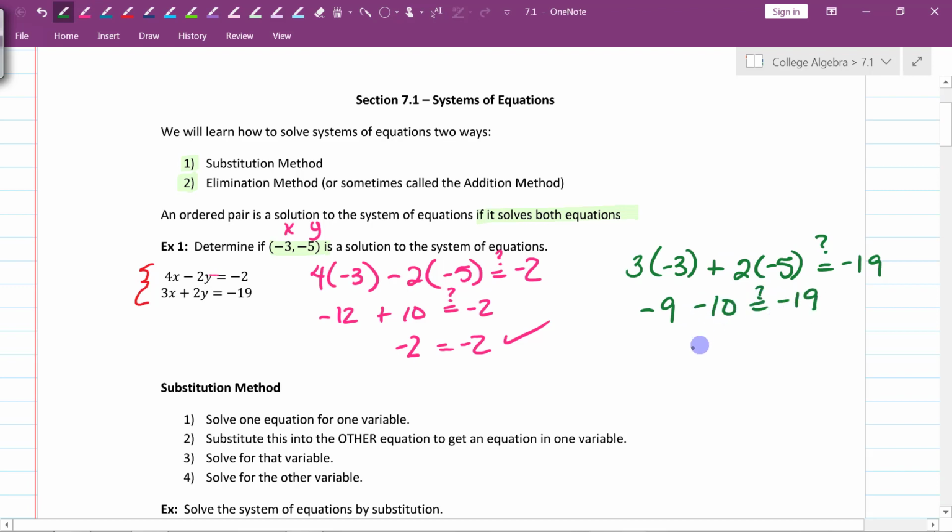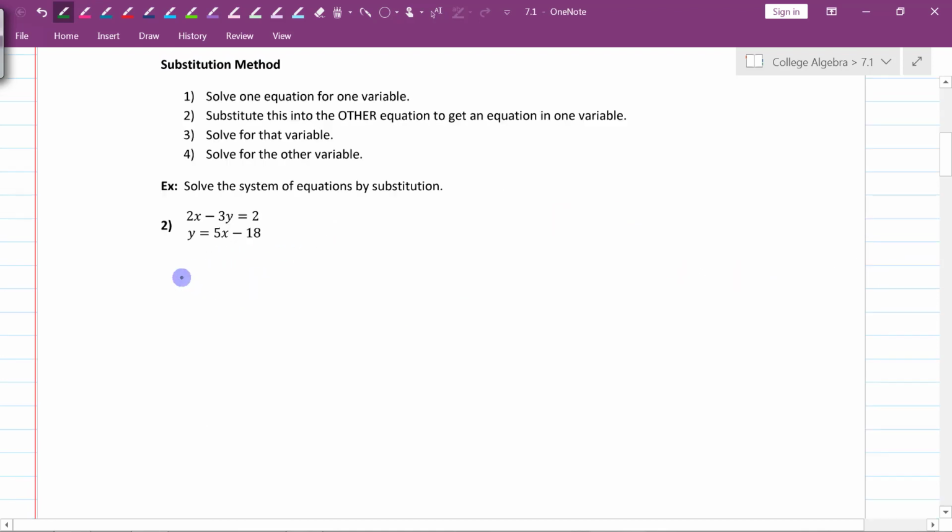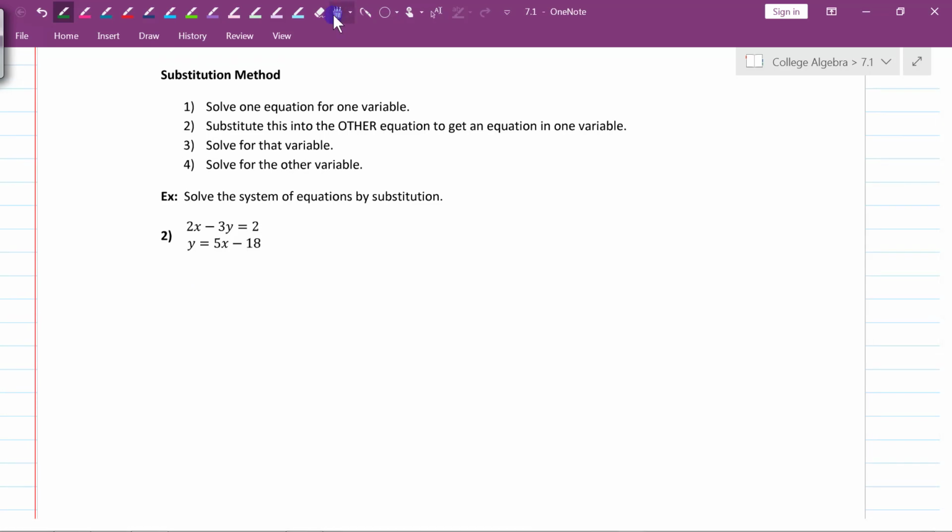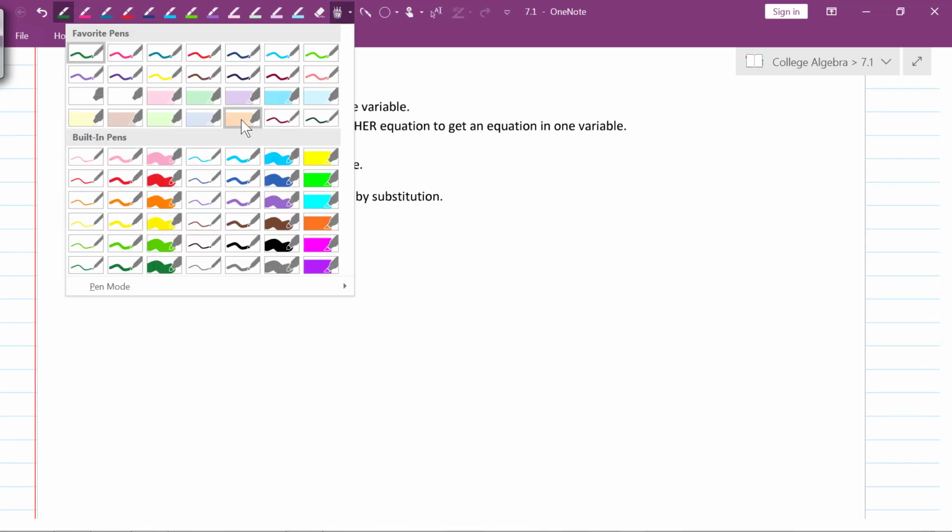Sure it does. -9 plus -10 is -19, and that equals -19. So this point also satisfies this particular equation. Since this one point is a solution to both equations, that means this one point is the intersection of these two lines.